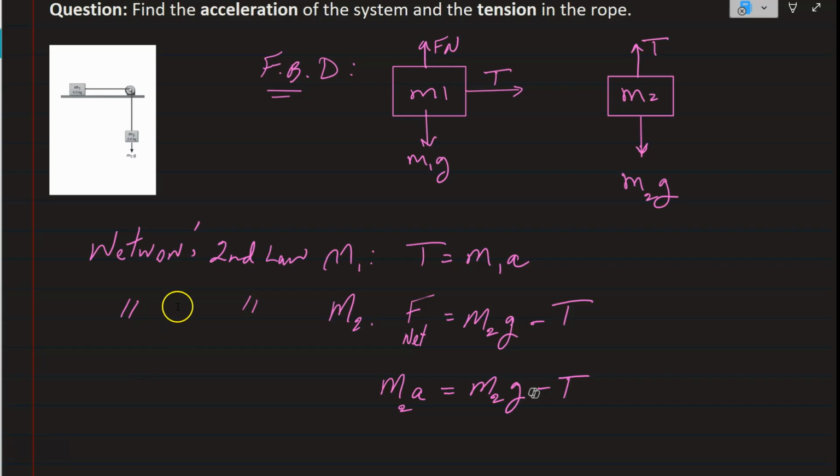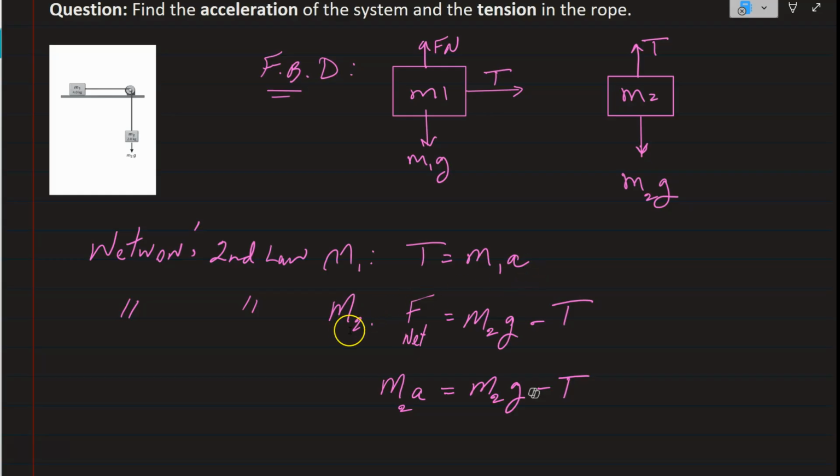We're going to set up Newton's second law for each of the two masses. For mass 1, the tension equals M1A because that's the only force acting as the net force, basically. Because the tension is pulling it and the friction is absent, it is moving. So that's Newton's second law for M1.